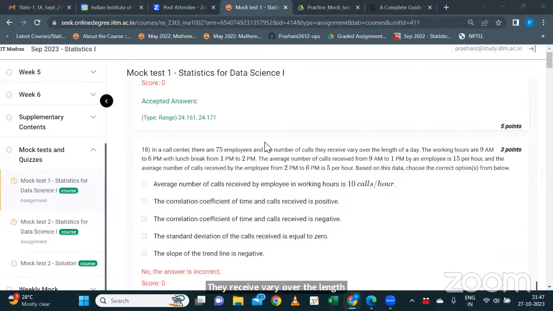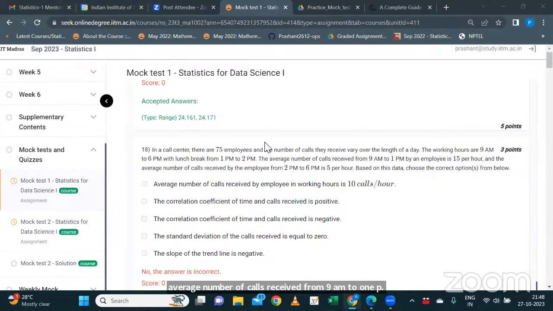The working hours are from 9 a.m. to 6 p.m. with lunch break from 1 p.m. to 2 p.m. The average number of calls received from 9 a.m. to 1 p.m. by an employee is 15 per hour.